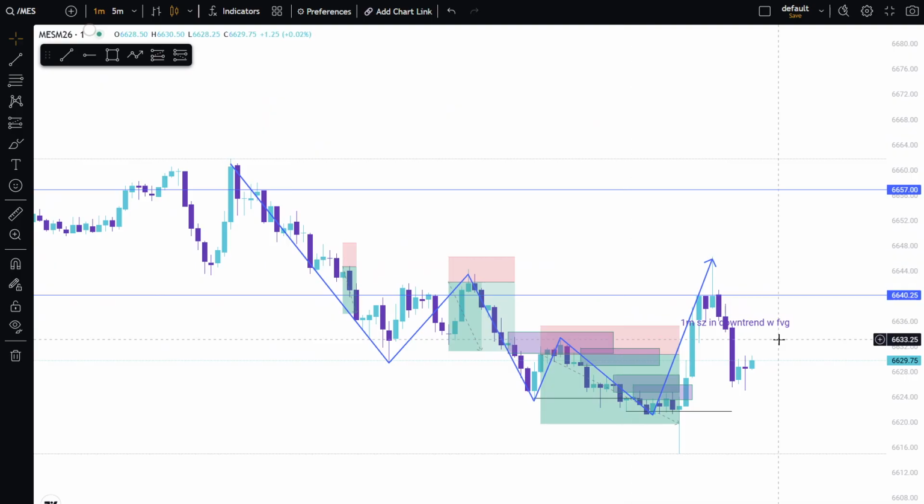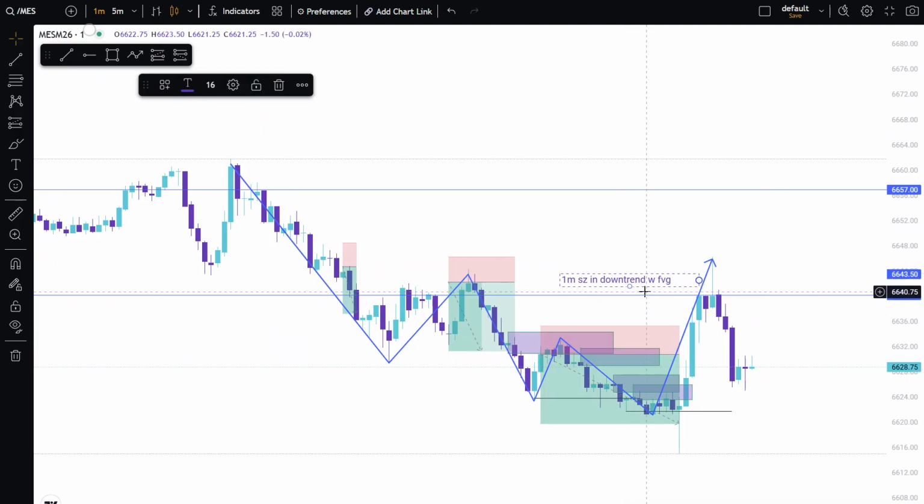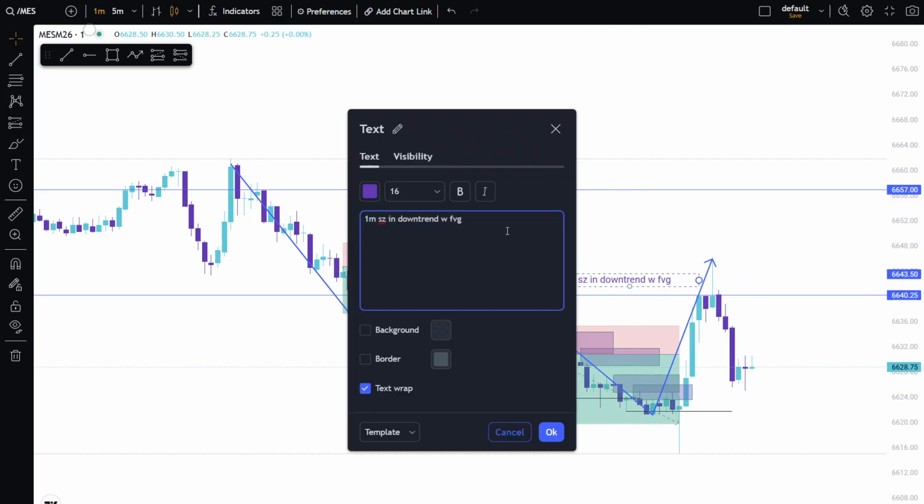So let's take a screenshot of this 1 minute supply zone and downtrend, and let's be specific. 1 minute supply zone. Wait, no. 1 minute indecision candle before impulse candle and downtrend with fair value gap.